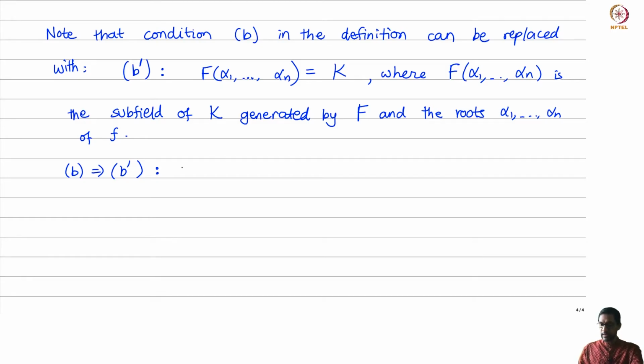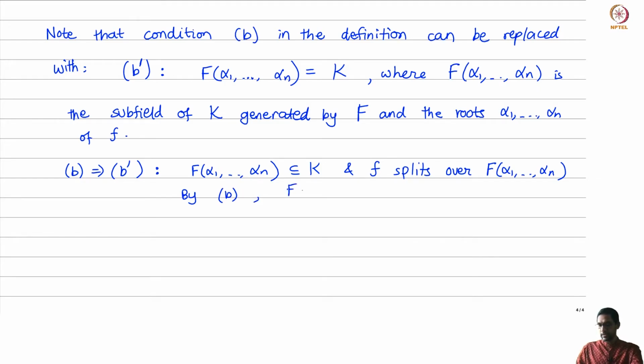Now if you assume that, then B dash follows because F(alpha 1 through alpha n) will in fact be a subfield of K, and the polynomial f certainly splits over this subfield. Okay, so by the hypothesis of B, this cannot happen unless this subfield is the whole field.